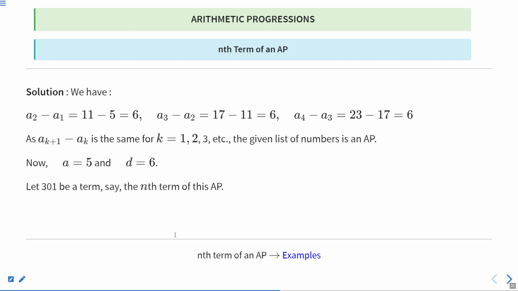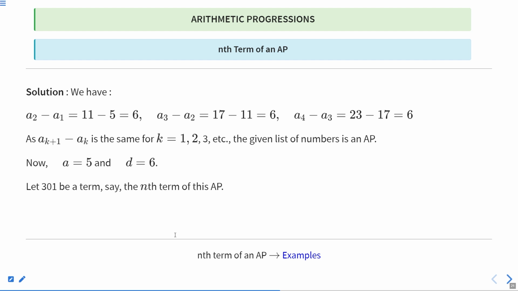As AK plus 1 minus AK is the same for K equal to 1, 2, 3, and so on, where AK plus 1 is the K plus 1th term and AK is the Kth term, the given list of numbers is an AP.